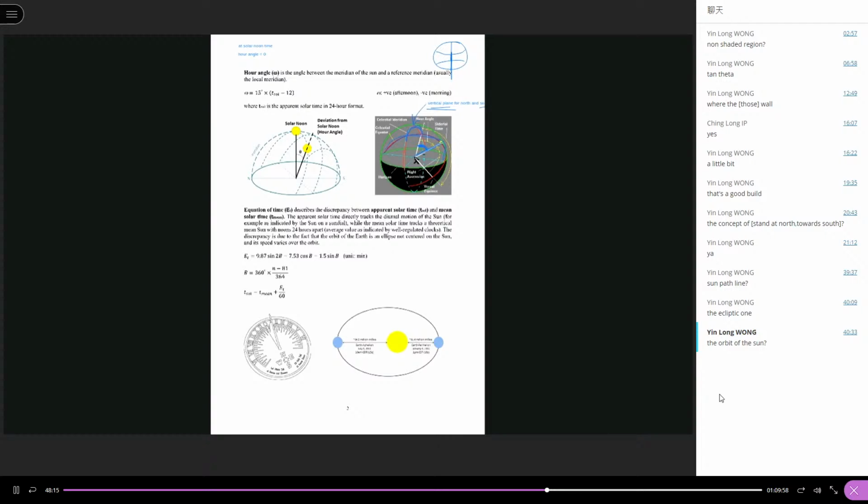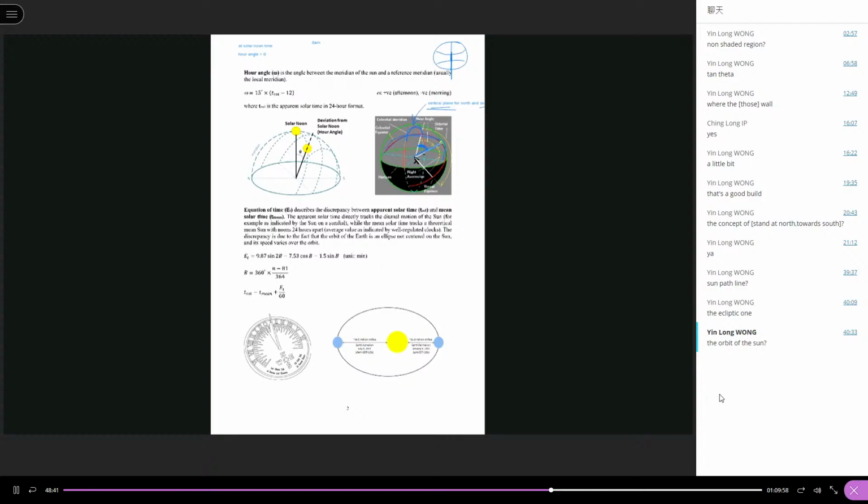And in the early morning, the earlier the morning, the later in the afternoon, this hour angle will be larger. For example, when it is 6 a.m., the hour angle will equal 15 degrees multiplied by (6 a.m. minus 12 solar noon time).